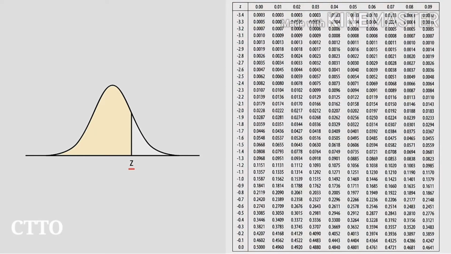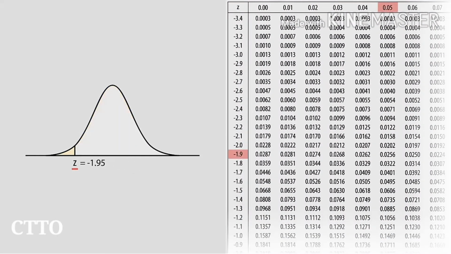For example, according to the table, a z-score of -1.95 has an area of 0.0256 to the left of it. To say this in a more formal manner, we can say that the proportion of z less than -1.95 is equal to 0.0256.